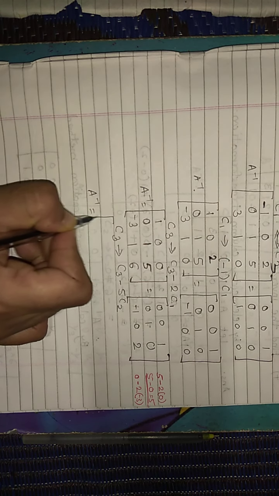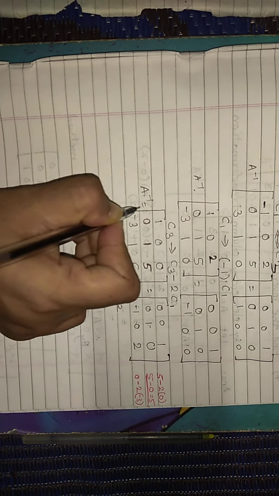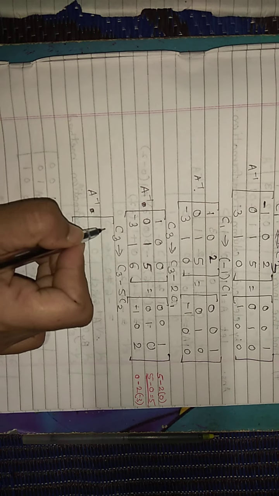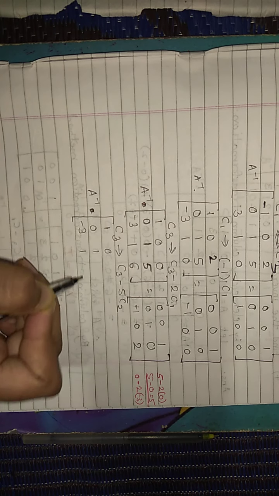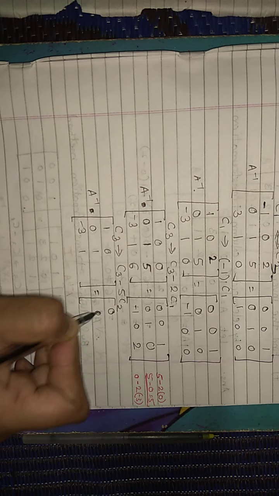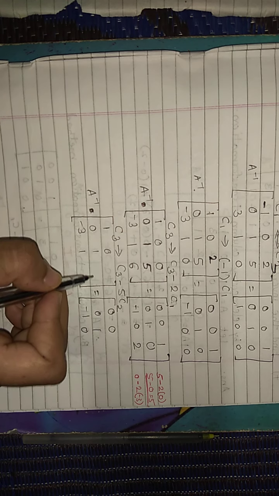A inverse is equal to A inverse into C3 changes. So 1 0 minus 3 and 0 1 1, keep it as it is. We have to change the C3. So 0 0 minus 1 and 0 1 0, keep it as it is.